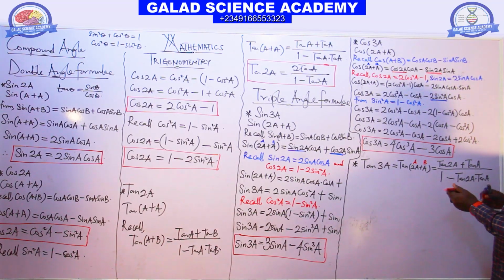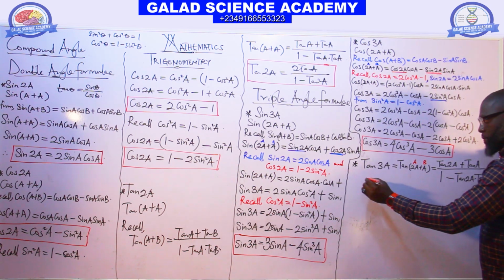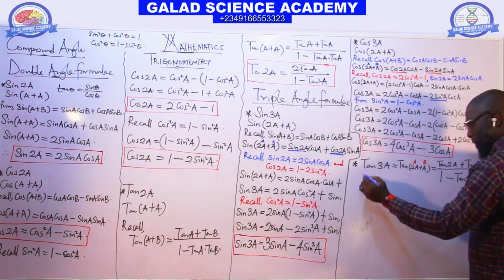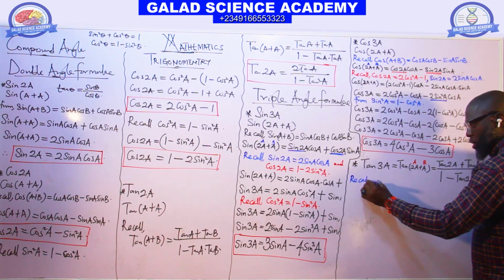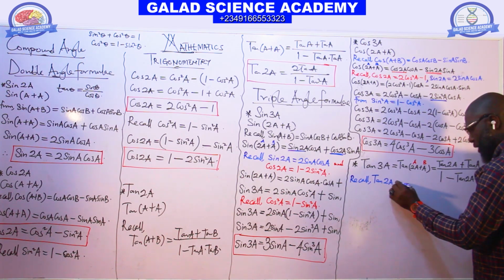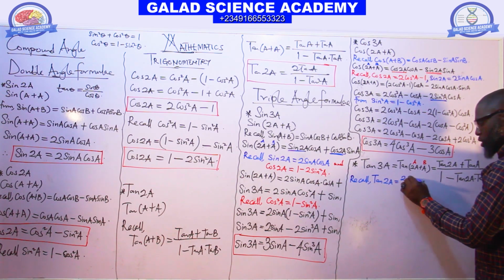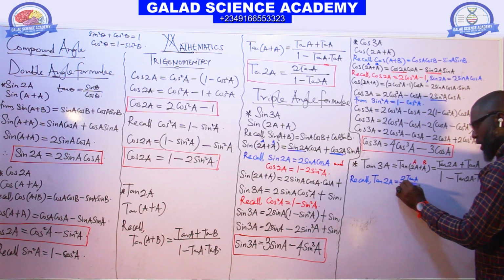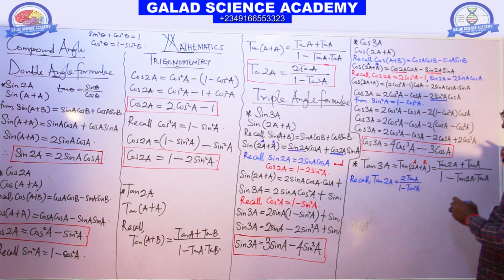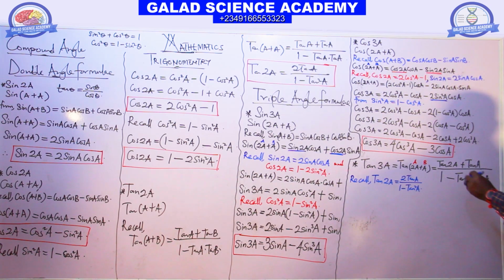So if that be the case, recall that tan 2A is equal to 2 tan A over 1 minus tan square A. So anywhere you see tan 2A here, you will substitute for it with this one.